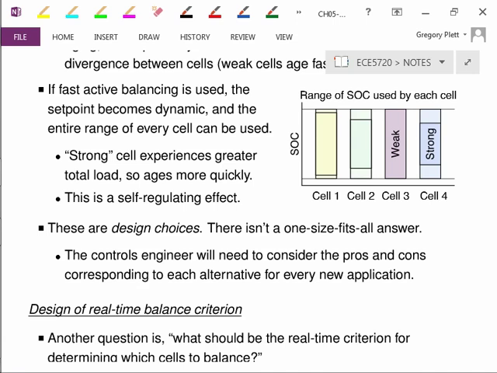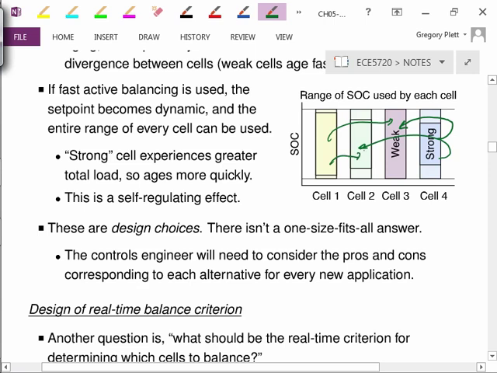Well, we're moving charge from a strong cell into a weaker cell. So I'm moving charge from that cell to that cell, and to some extent from that cell to that cell, and so forth, and maybe even into this cell. But in order to do that, the weak cell ends up taking less of the load, and the strong cell ends up taking more of the load.